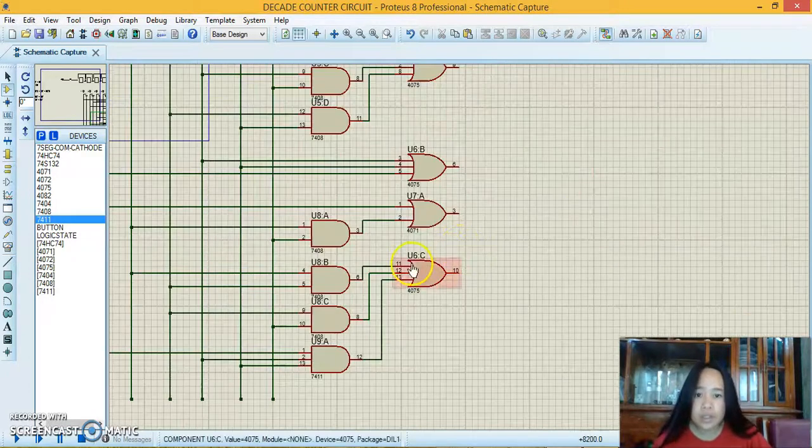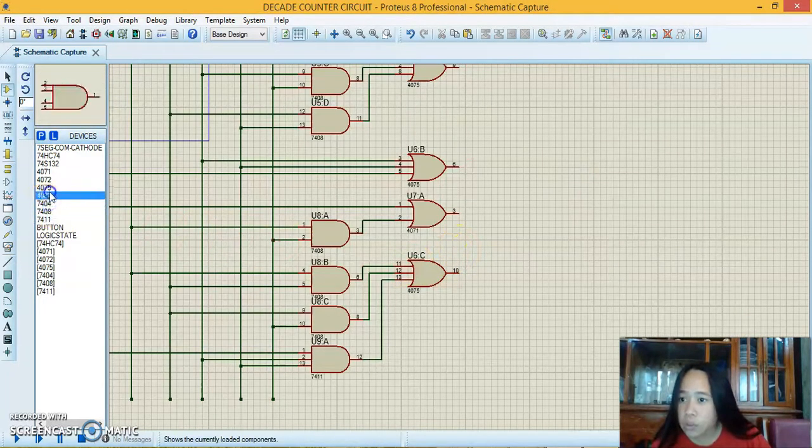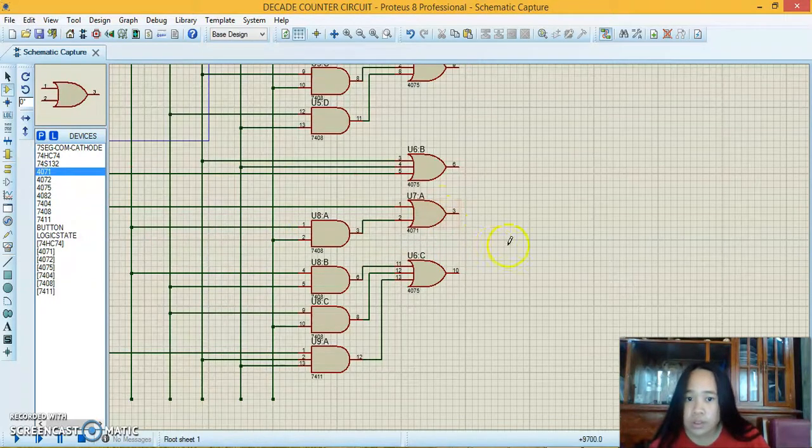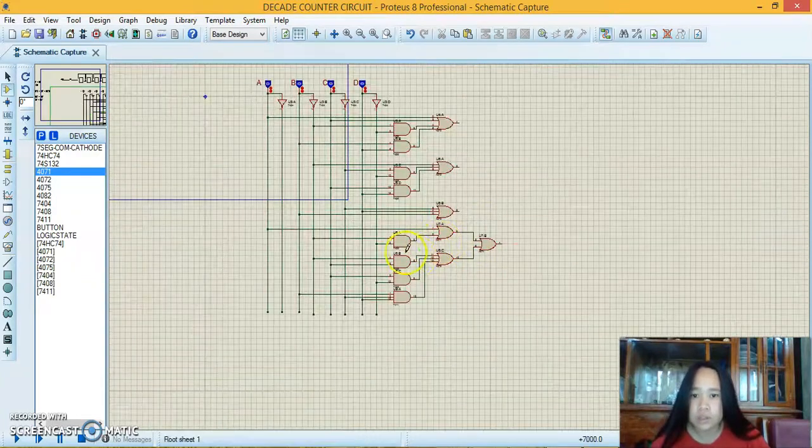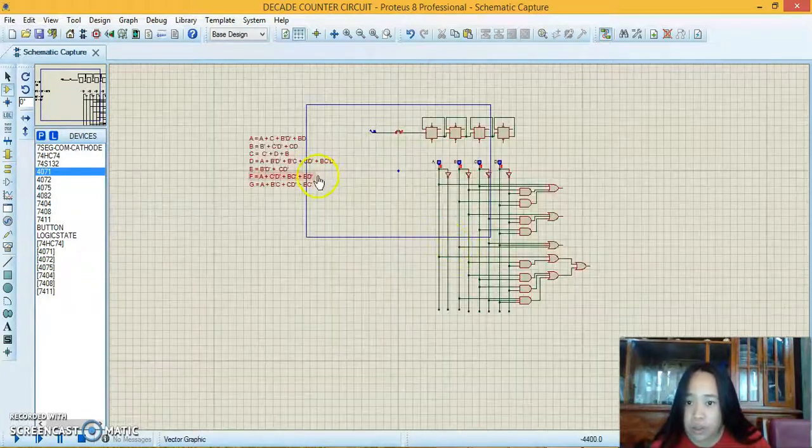We need a two input OR gate to connect this because it is one equation only. So this is the equation for D.